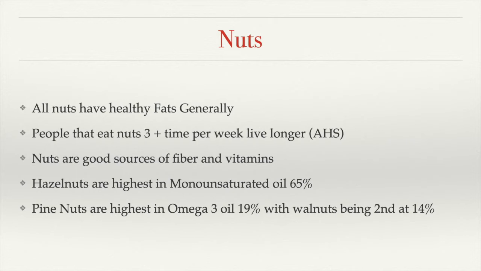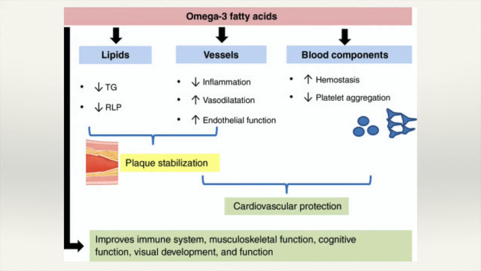Pine nuts are highest in the omega-3 fatty acids at 19%, with walnuts being second. Here is a slide that shows some of the benefits of omega-3 fatty acids. They help decrease our lipids, they reduce inflammation, and they decrease our risk of blood clots by decreasing platelet aggregation and increasing hemostasis.